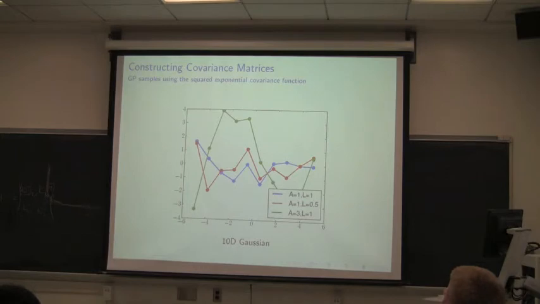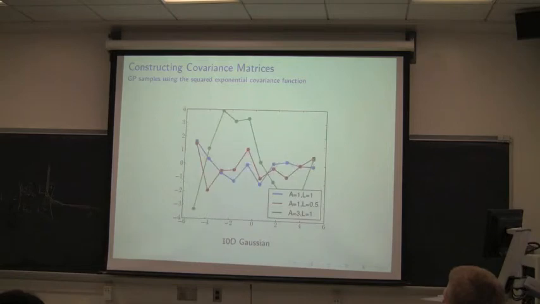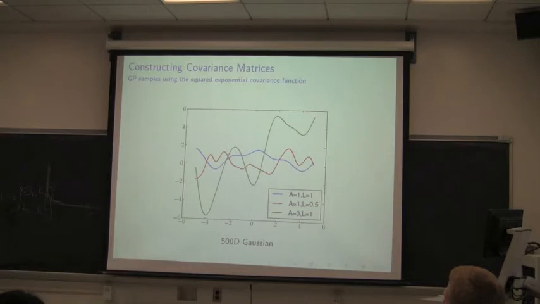Because the covariance between the y values depends on x, neighboring x values yield similar y values. That's just the observation. And this is now just increasing the resolution: instead of 10 points on this line, we do it on 500 equally spaced points.